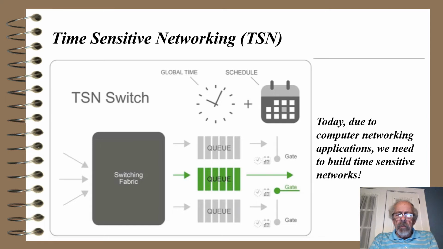So as we find out here today, due to computer networking applications, we need to build time-sensitive networks. So this shows a time-sensitive networking switch with a switching fabric and 3 data streams coming in. And notice that depending on the importance of the message, one may get priority over the other 2.